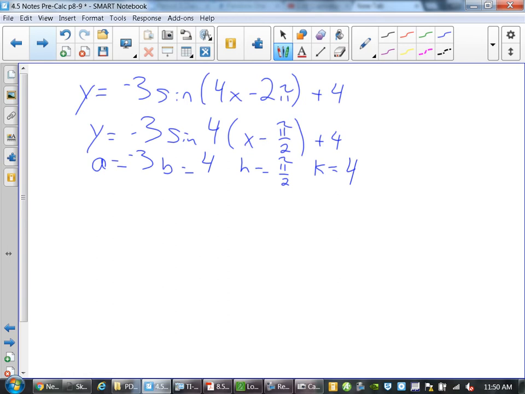Now, your A value denotes what your amplitude would be, but in this case, since it's negative, is it going to go up or is it going to go down first? It's going to go down first. Okay. We still find our period for a sine function the same way, 2 pi over b. So my period will be pi over 2. So I start by putting my parent function.